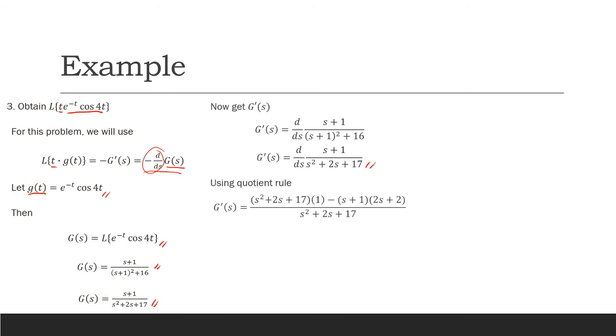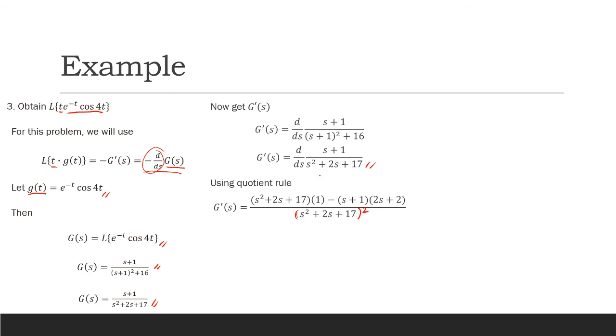So, using quotient rule, we have V DU minus U DV over V squared. Ayan, sorry, nawala yung squared dito. Ang tama palang quotient rule is V DU minus U DV over V squared.